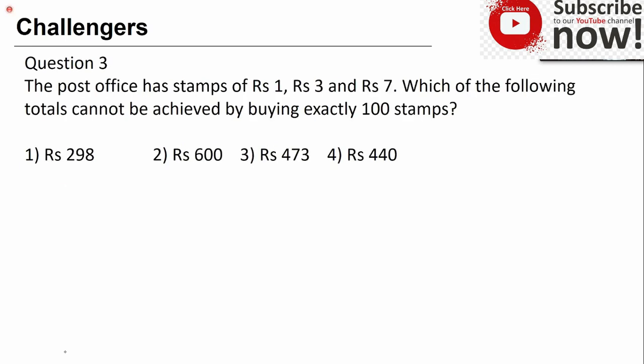How about this one? Try this. The post office has stamps of 1, 3, and 7. Which of the following totals cannot be achieved by buying exactly 100 stamps? Exactly 100 stamps.